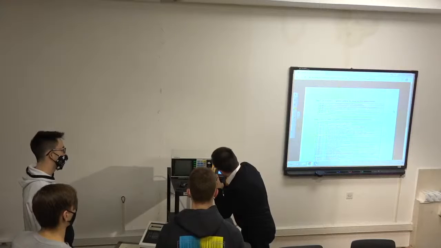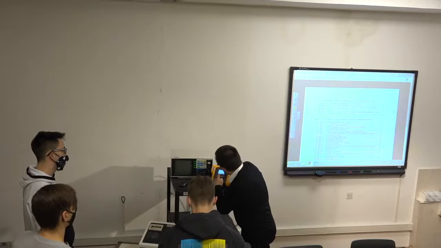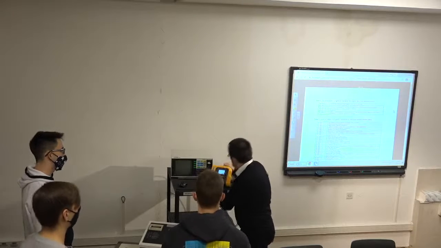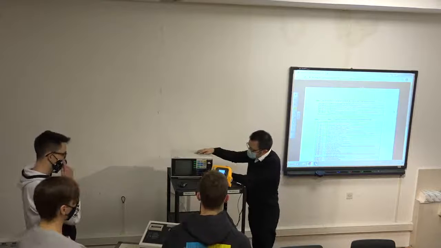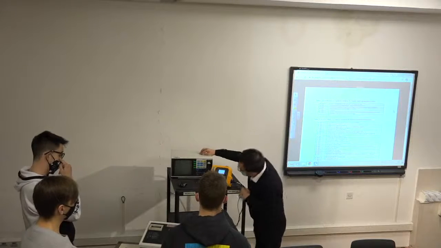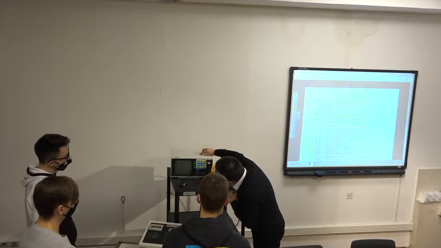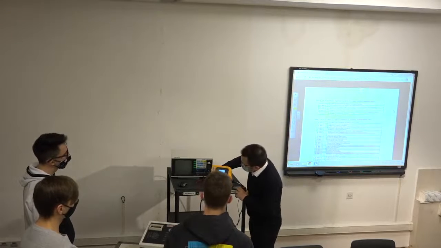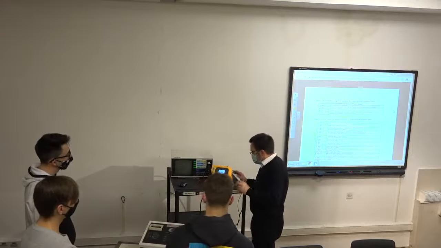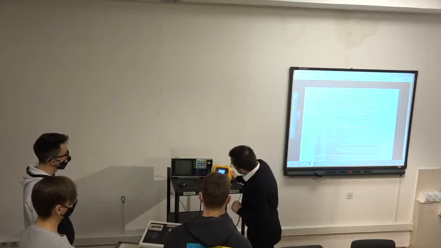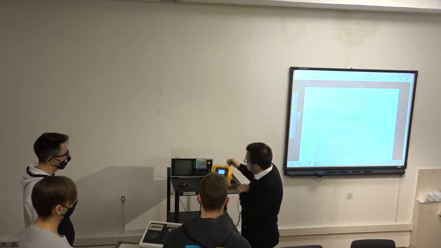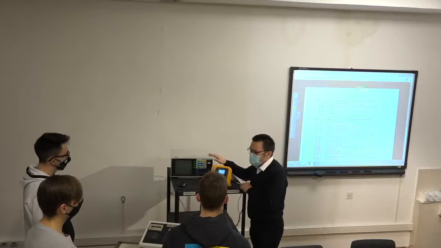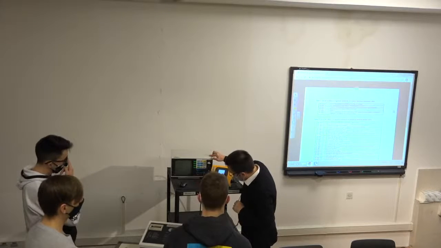I don't know why there is no current flowing currently here. So it's obviously some mistake that I have made. But anyway, here you would see how much current it needs. So it's about 300 milliamperes that the device here is consuming.